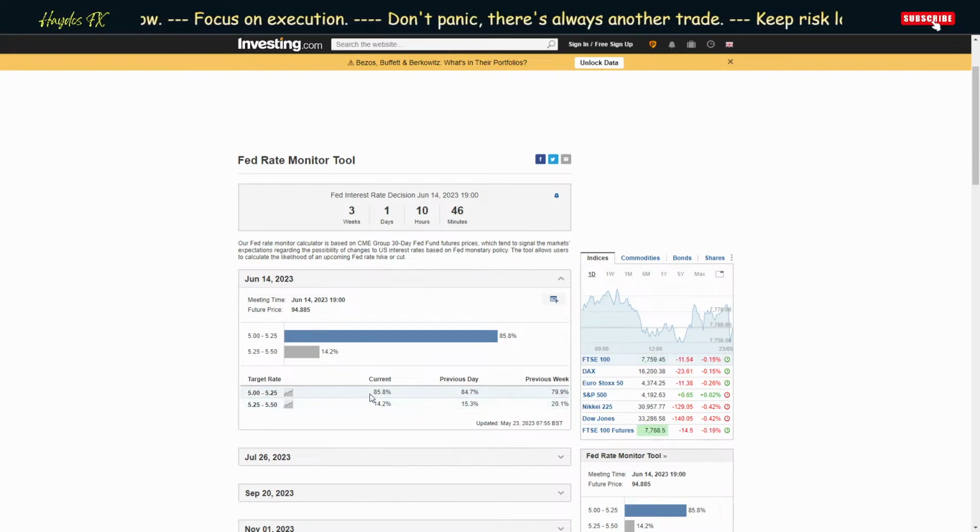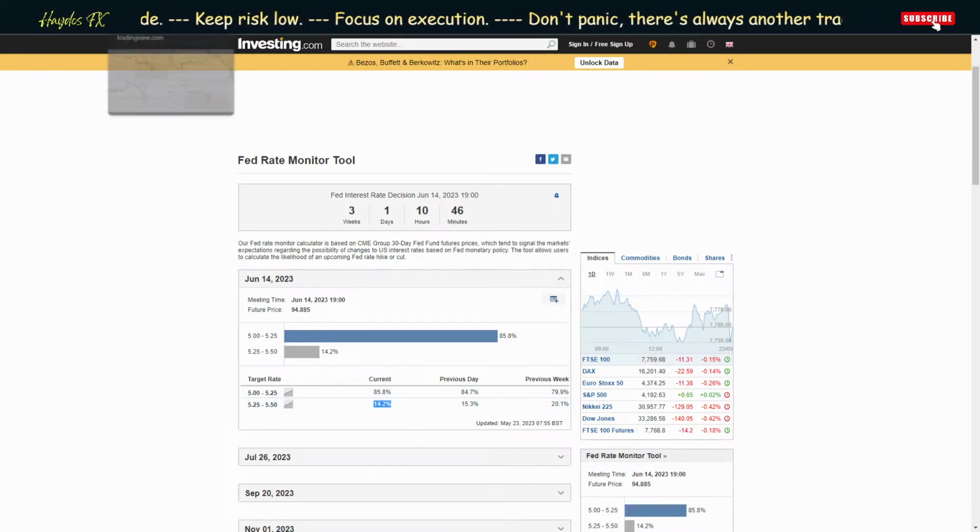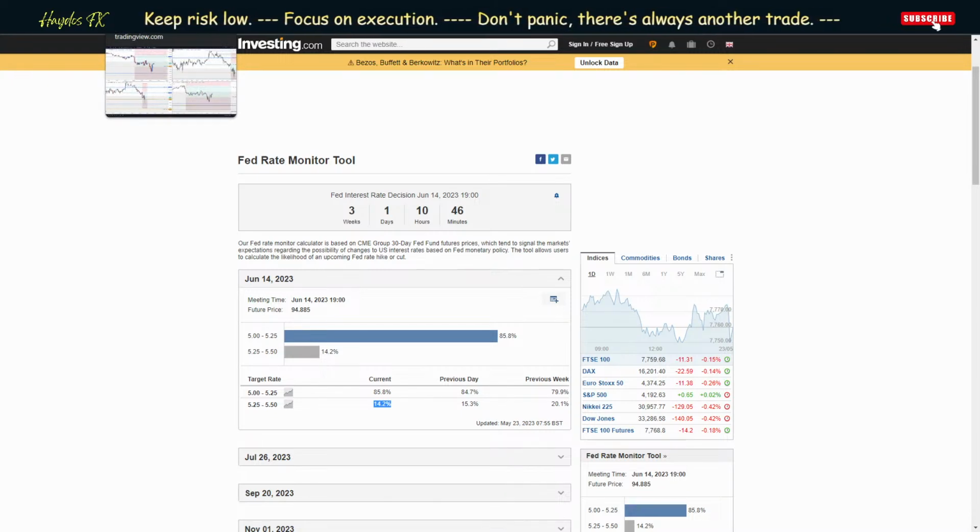So they're really thinking, and this is for US Fed rates, not the ECB, that now with more data coming out, they are likely to hold. It doesn't mean that they're not going to hike at the next one, but maybe this one they are going to pause and hold. So the chances have decreased. So that should be bullish for stocks.